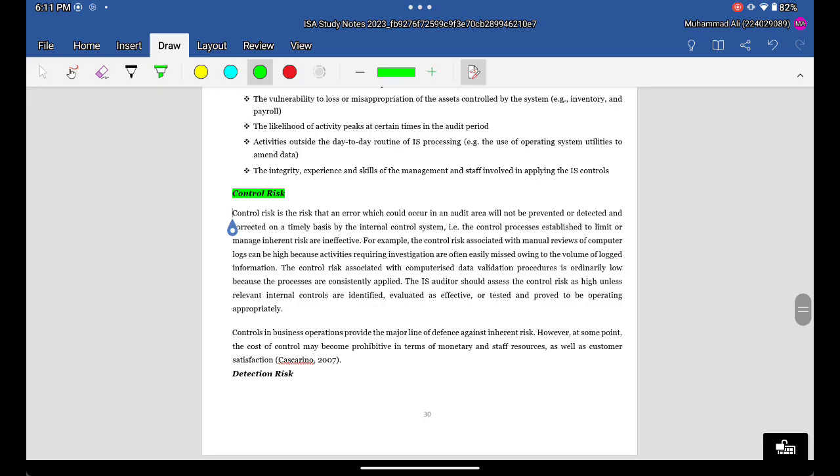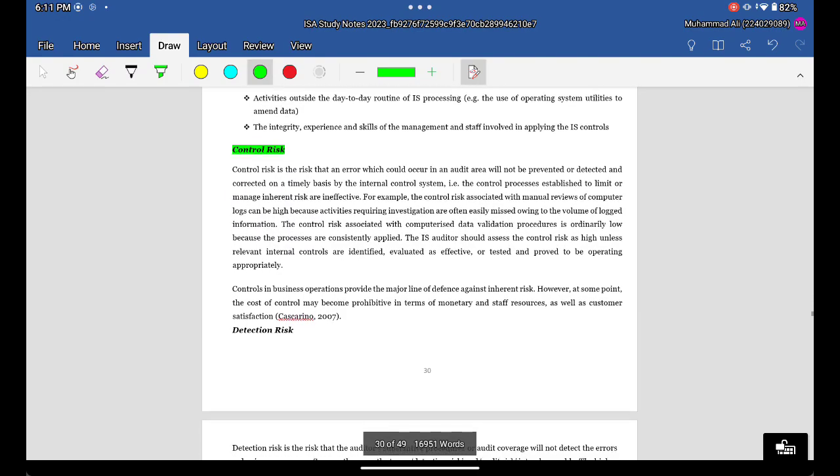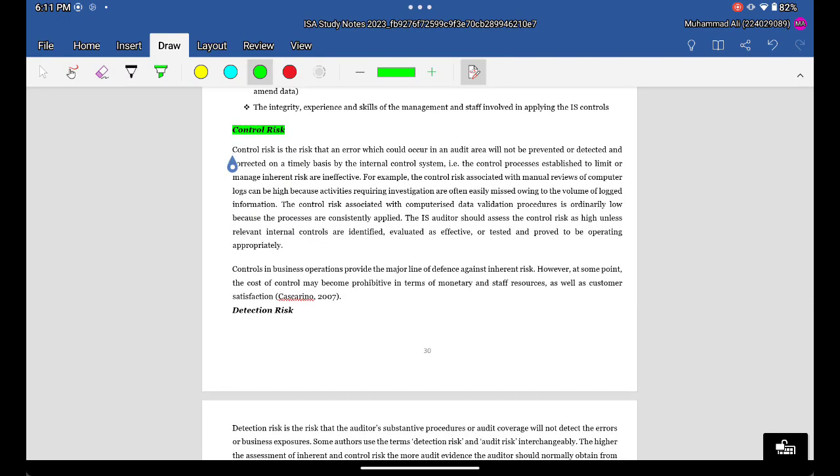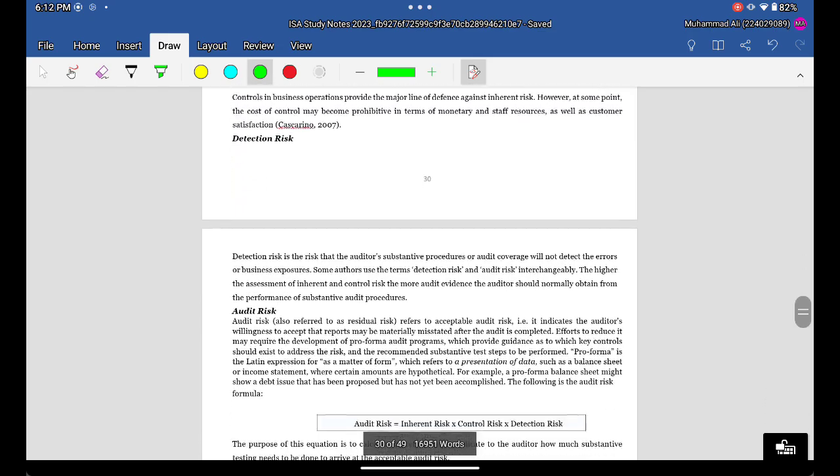Control risks are risks where you have a control, but you still have risks. There are errors, like the control is not good, and there are still people stealing money. That's control risk. So control risk is: there is a control, but there's still risk to it.